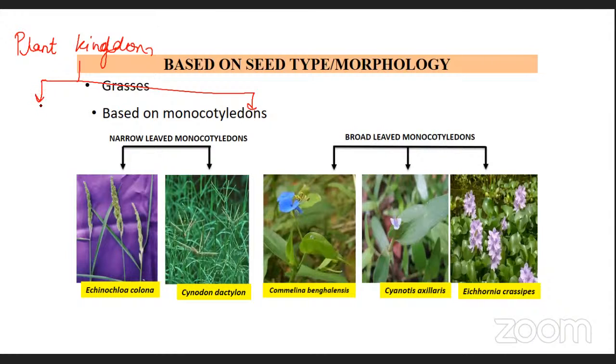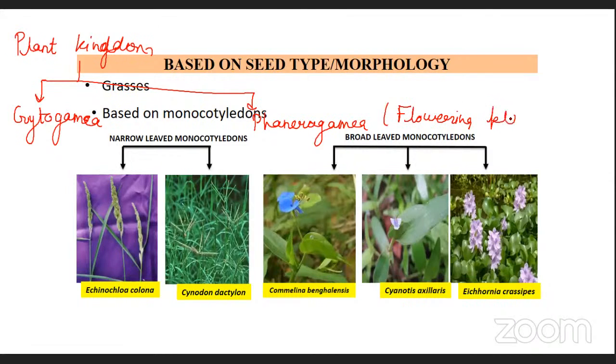The first one is cryptogamy, and the second one is phanerogamy. Phanerogamy is usually the flowering plants, whatever flowering plants there are come under phanerogamy, and cryptogamy is the flowerless plants.